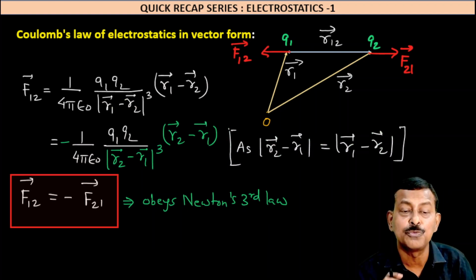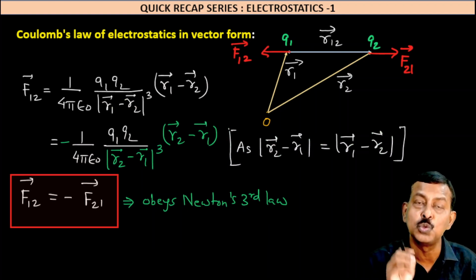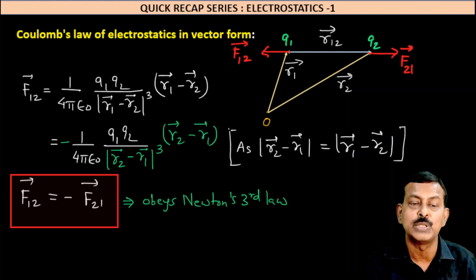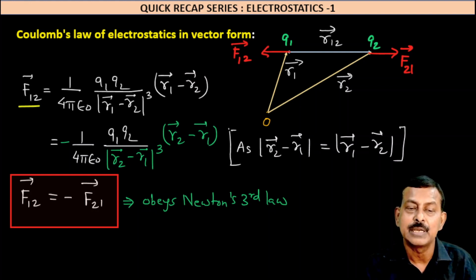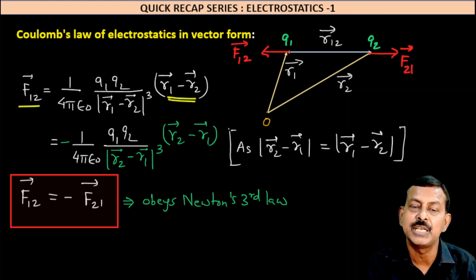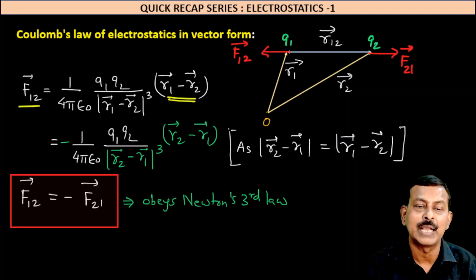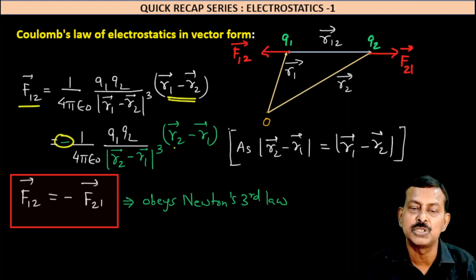Whereas if I take the force experienced by Q1 due to Q2, that we write as F12. So this is 1 by 4 pi epsilon naught Q1 Q2 by R1 minus R2 whole cube, and it is the R1 minus R2 vector. Suppose I change the order of this R1 minus R2. So I can write here a minus, and then the order we have changed, so it is now R2 minus R1 vector.